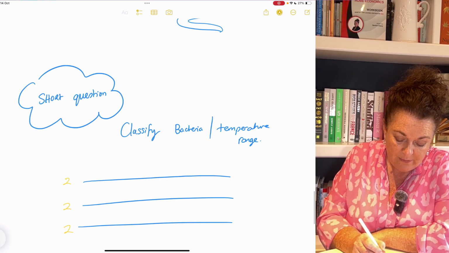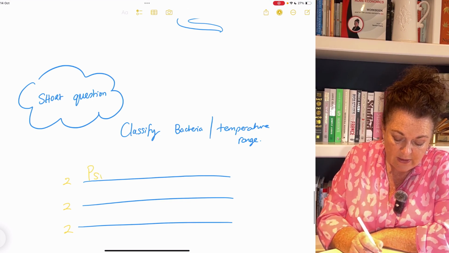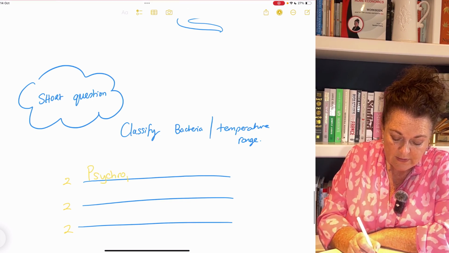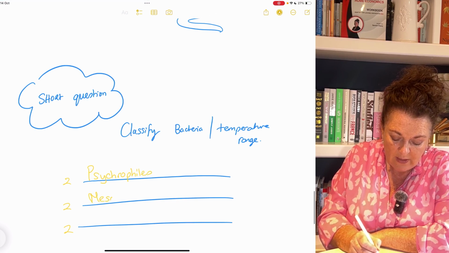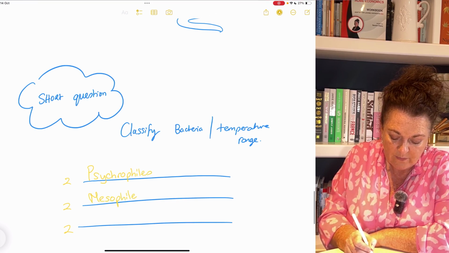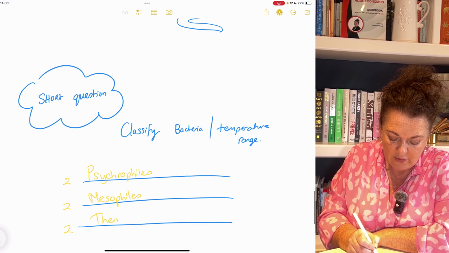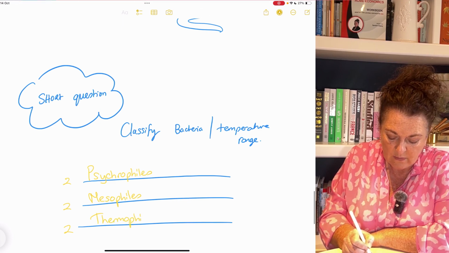So they actually had psychrophiles written down in a box, mesophiles and thermophiles.